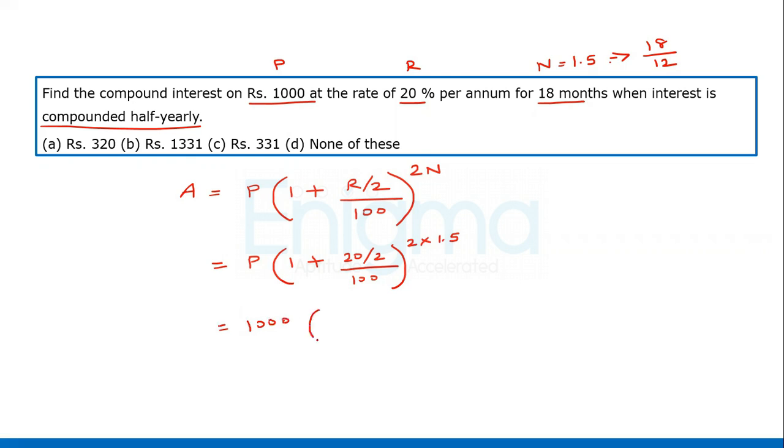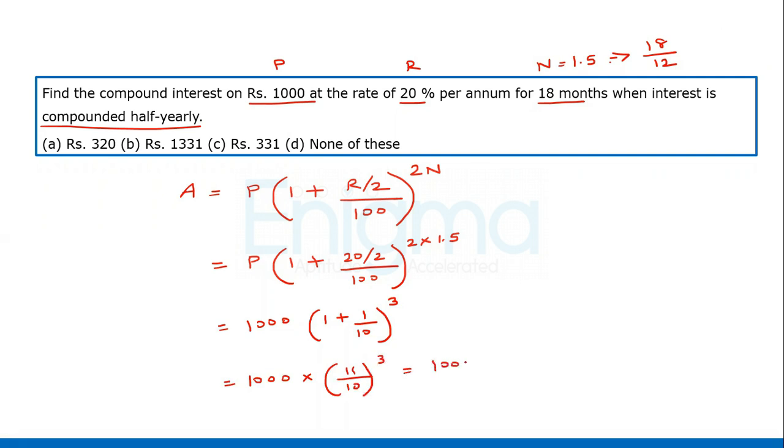So 1000 into 1 plus 10 upon 100, that is, we can say 1 by 10 raised to 2 into 1.5 is 3. So this becomes 1000 into 11 upon 10 cube.